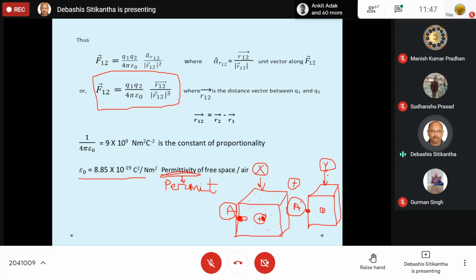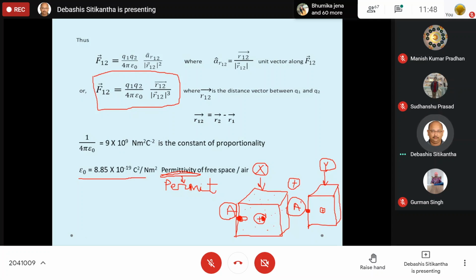Or should I explain it once again? That means a medium which allows the formation of electric field with ease is known as permittivity. That means in both the cases I have the same dimension.